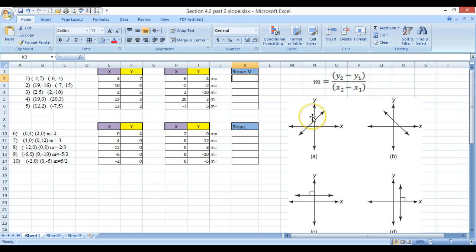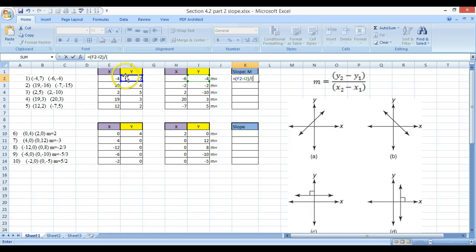And what I can do here is type in my formula, which will be parenthesis y minus y, and it doesn't matter, so I'm going to just pick a y, subtract this y, close the parenthesis and divide by parenthesis. Make sure you're going in the same order.